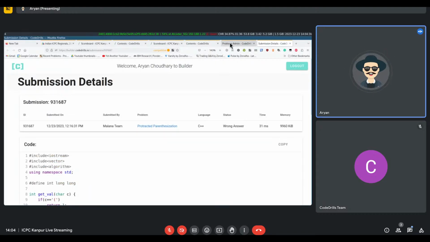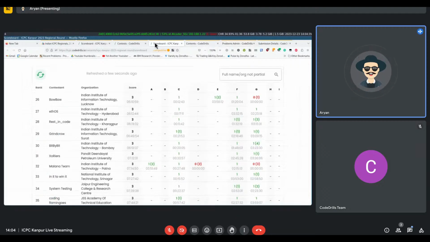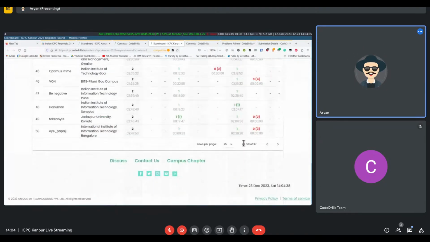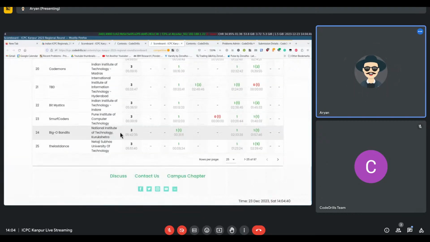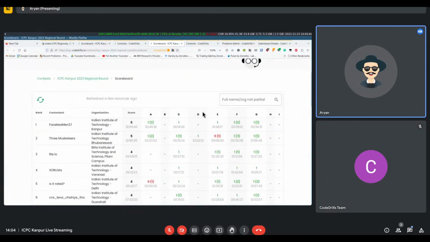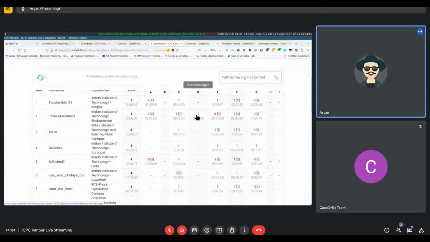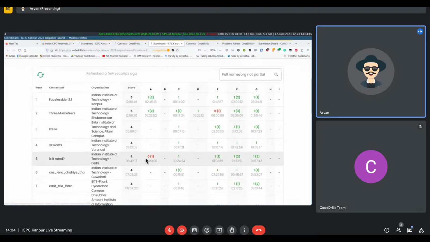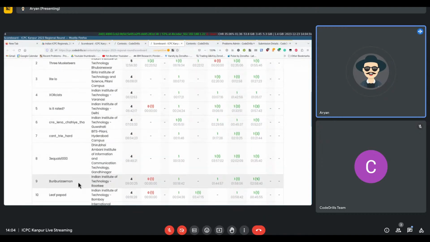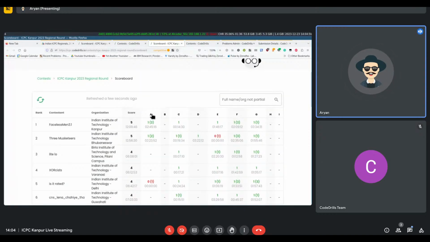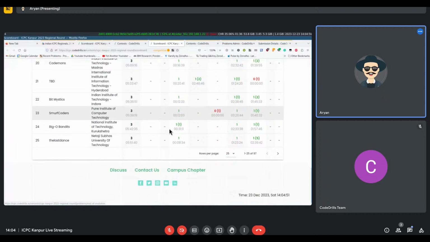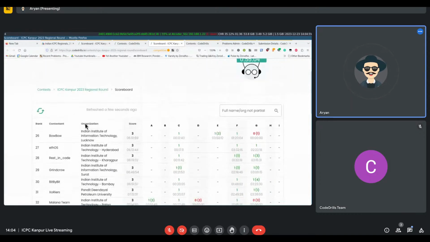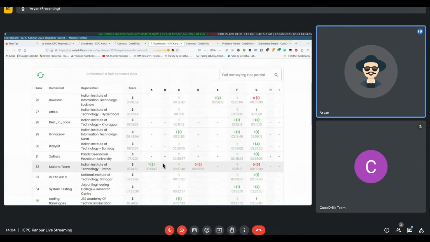So if you ask me, I would expect Faceless Man to get an AC on mod messages. Along with that, I would expect Is It Rated and IIT Roorkee to get an AC on A, and the Malana team to get an AC on protected parentheses.